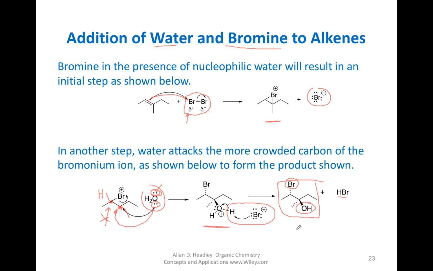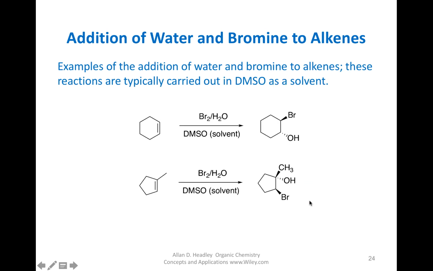Again, make sure the question will read, predict the major organic product for the following reactions and indicate stereochemistry where appropriate, and you'd have to use dash and wedge to indicate stereochemistry. Here is an example of what we just did.